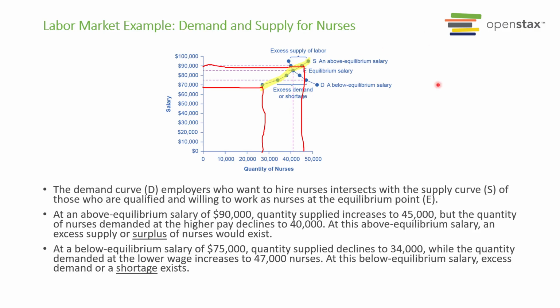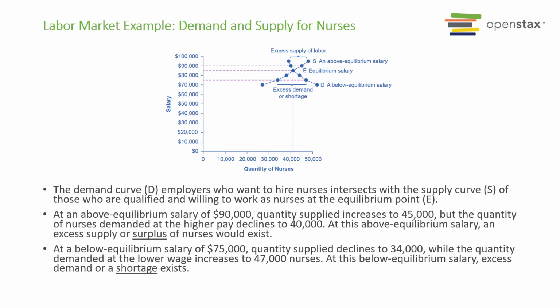Right, and that's the law of demand and supply, and like we defined with the equilibrium, they are balanced at a single point here, and that is right over here at this E, where X marks the spot. You can see that's an equilibrium wage of around 85,000, and at 85,000 a year, you get around 41,000 or 42,000 nurses wanting to supply their nursing services, and you get 41 to 42,000 hospitals that want to hire those nurses as well.